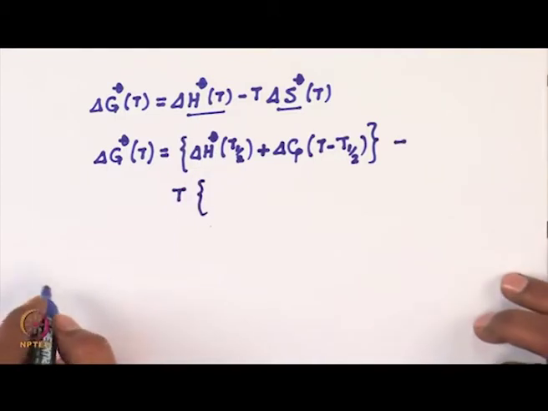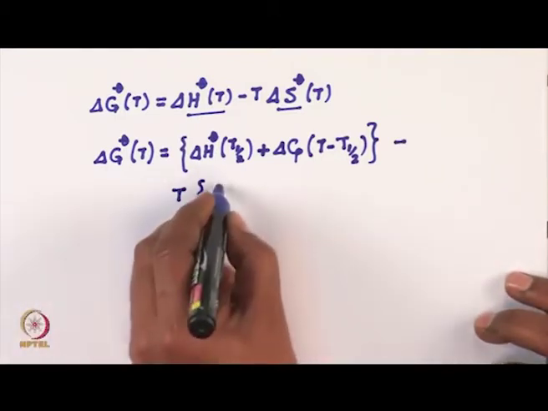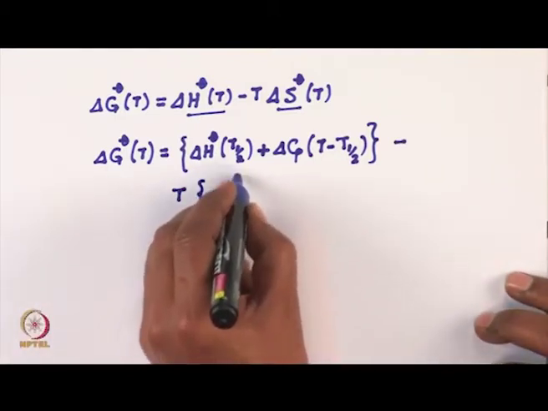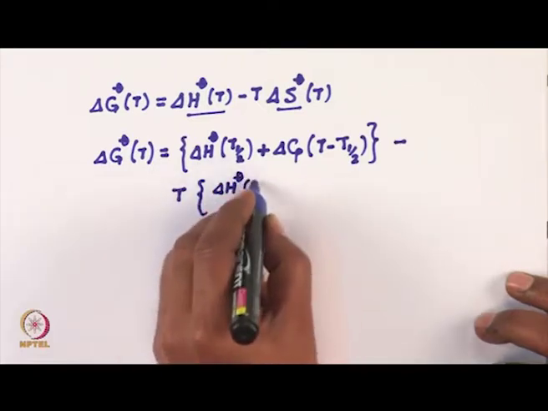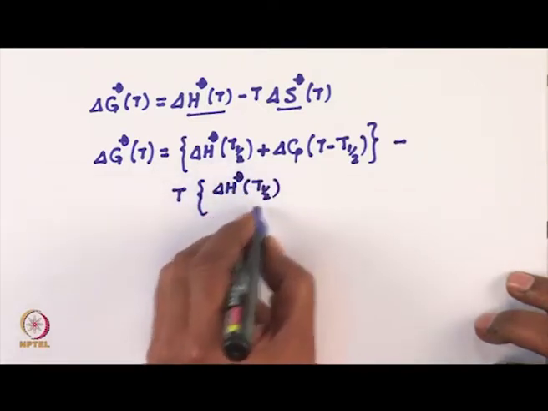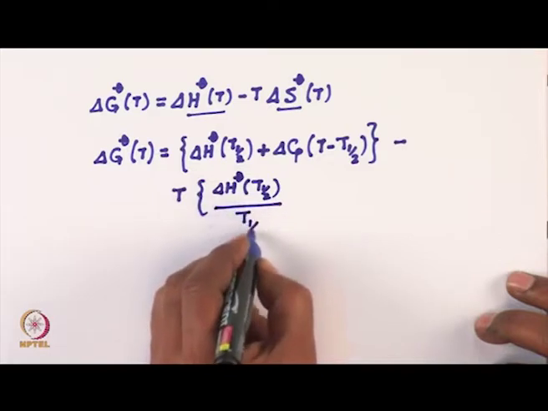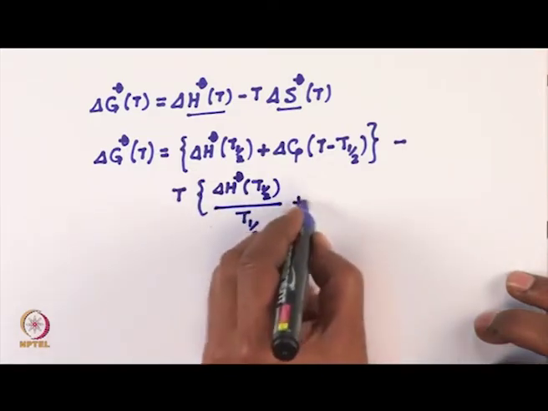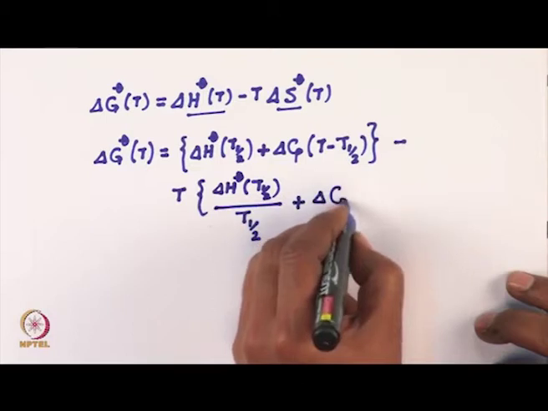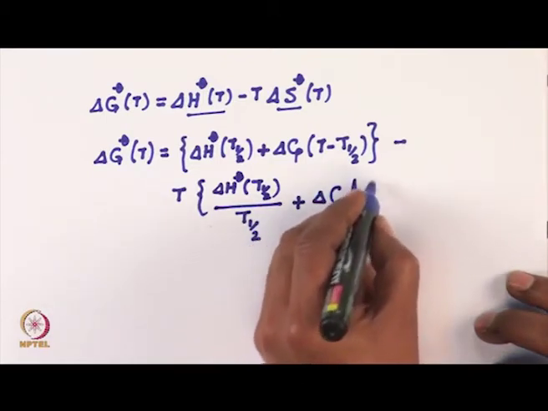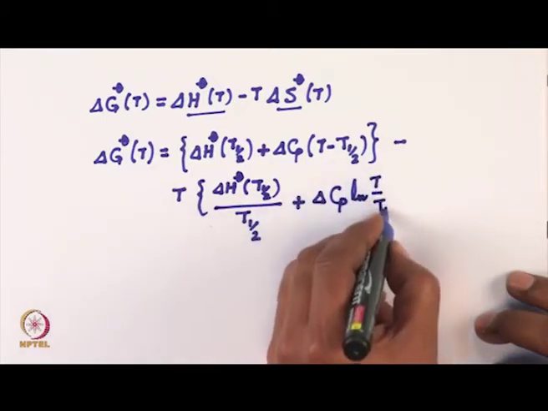I will write for delta S naught. Delta S naught was delta H naught at T half divided by T half plus delta Cp log T by T half.